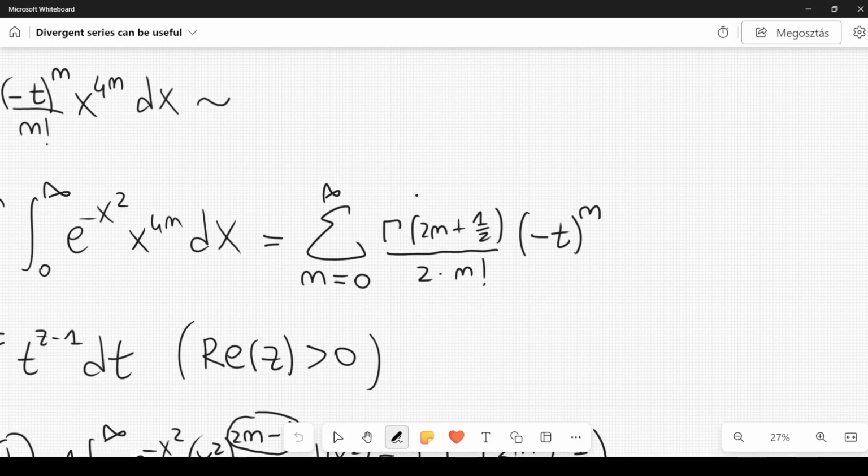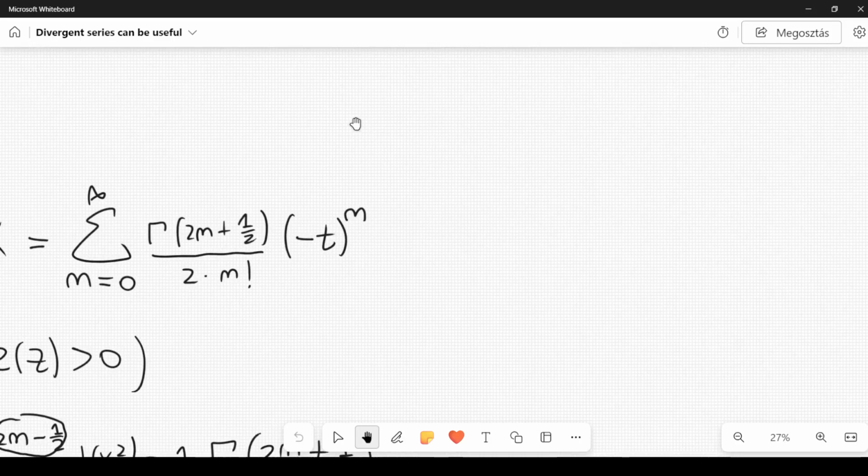let me show you that actually even divergent series are useful to evaluate non-divergent integrals. So remember that we started from a non-divergent integral for t greater than 0, and here we have found a divergent series. But now let's evaluate the first few terms of this expression.